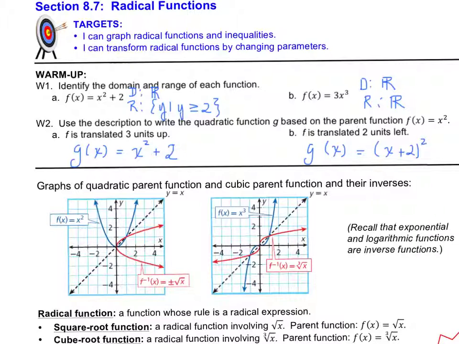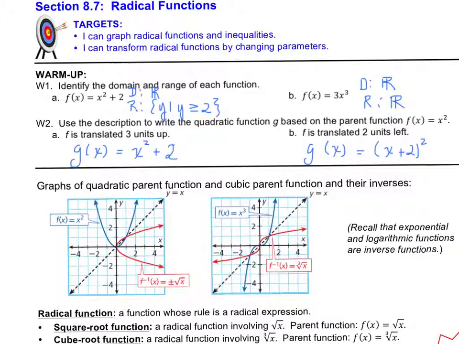So if we wanted the inverse to be a function, we would have to limit the domain of our f of x equals x squared to x being greater than or equal to 0, because then the inverse would be a function. When we look at the cubic parent function and its inverse, we can see that both the function and inverse are functions. So we don't have to limit that in any way.